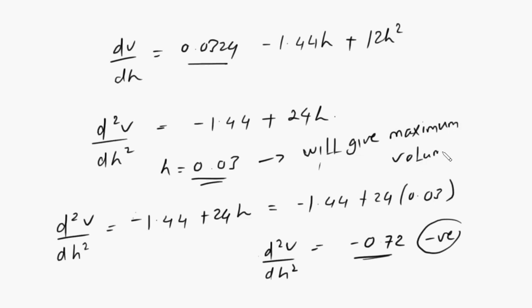What about 0.09? My second derivative is negative 1.44 plus 24h. This time h is 0.09, because in the quadratic I got two answers, 0.03 or 0.09.